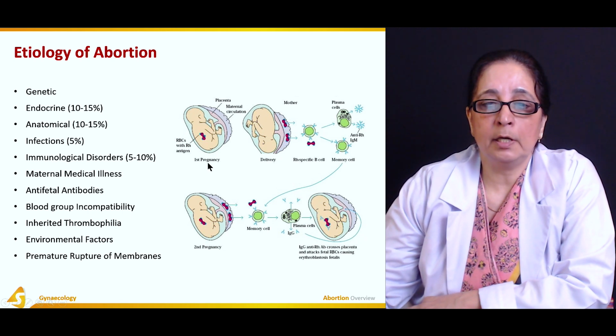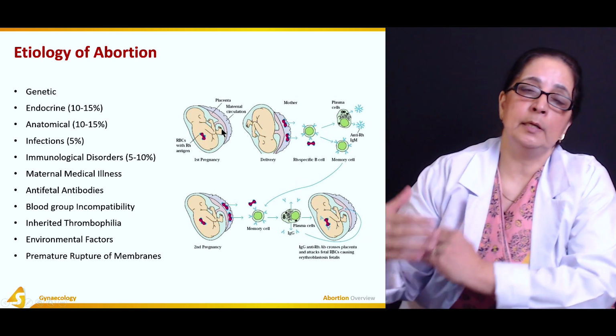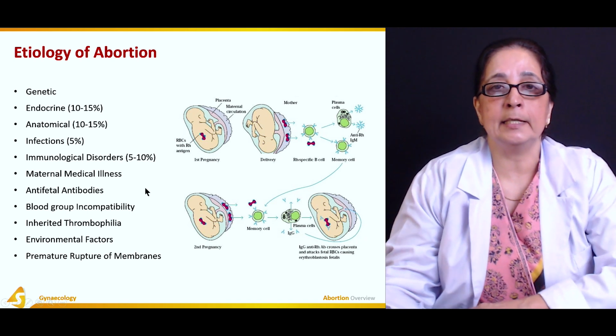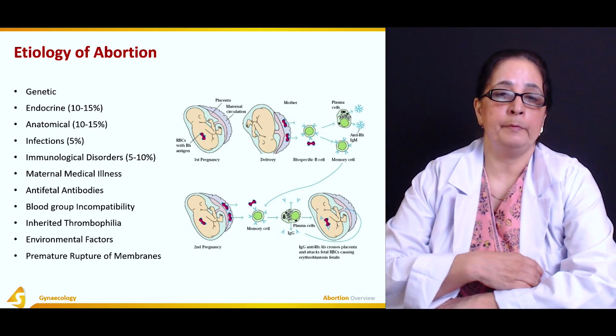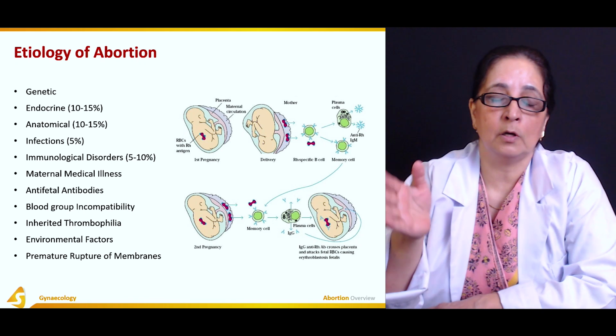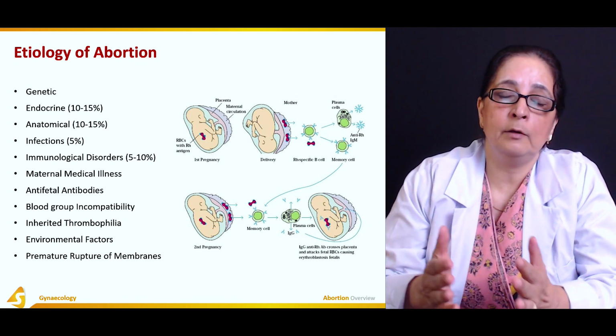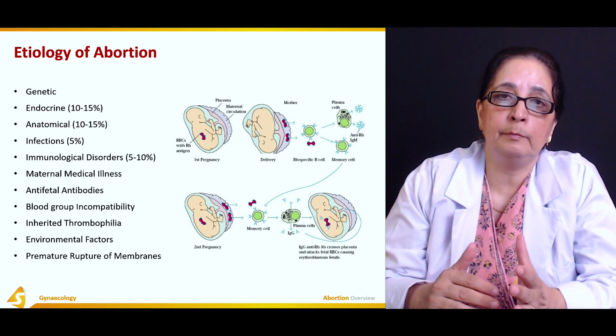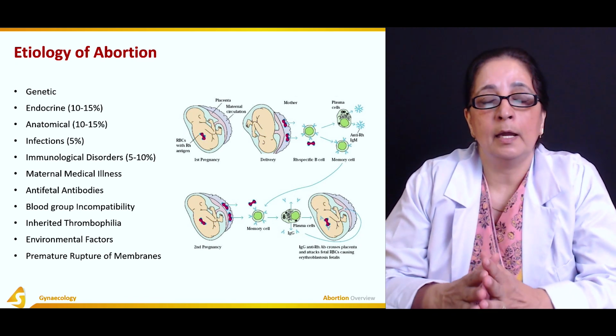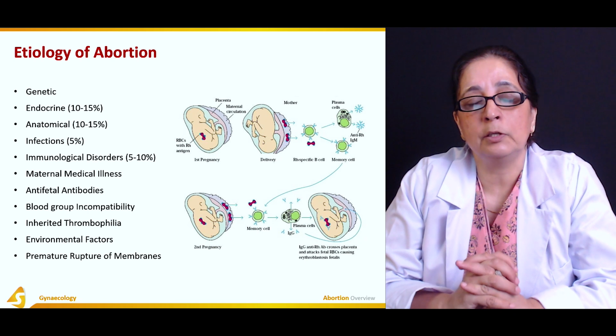In Rh incompatibility, usually the mother is Rh negative and the fetus or baby is Rh positive because the father is Rh positive. So the baby or embryo or fetus gets the blood group from the father and has Rh positive blood group.